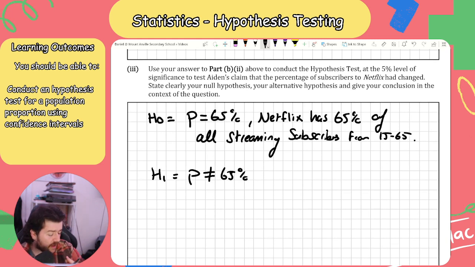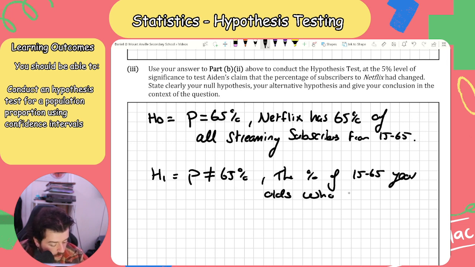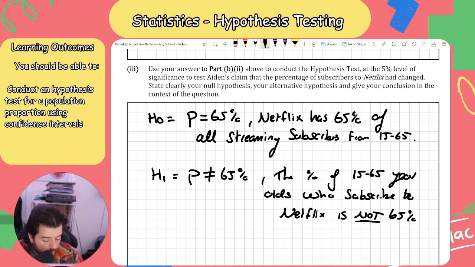And then my alternative hypothesis is, well, the population proportion does not equal 65% now. So it has changed to a value that's lower or higher. So the percentage of 15 to 65-year-olds who subscribe to Netflix is not 65% anymore, or has changed.